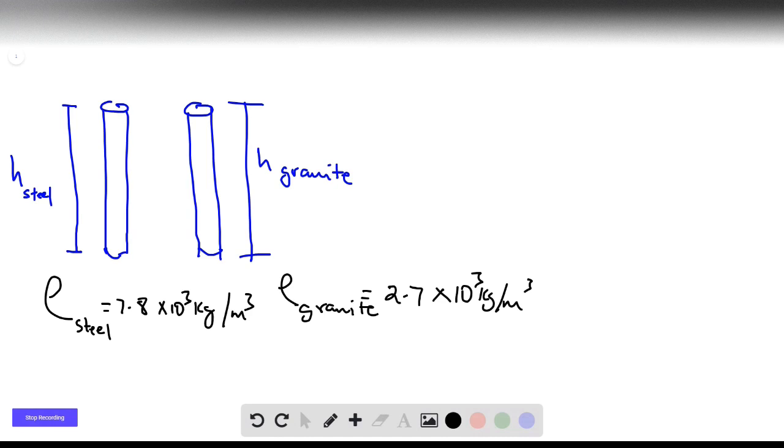And the other thing that's happening is we want to calculate the height of steel and also the height of granite, the columns. Not just the height, but the vertical height of these two.